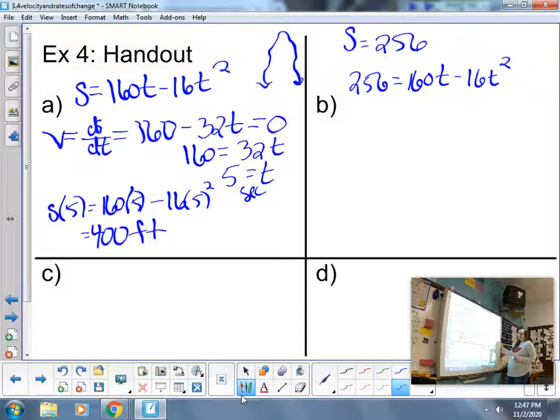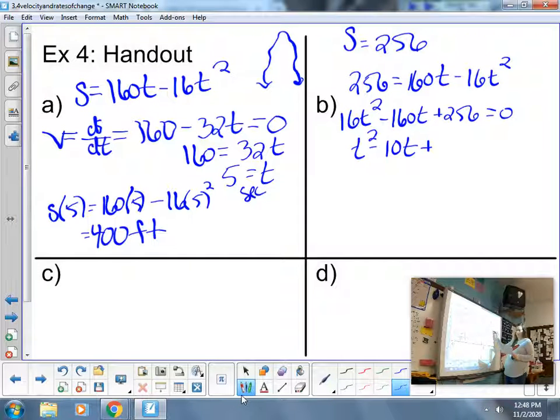I need to get everything on one side, so I'm going to move everything over to the left. So I have 16t squared minus 160t plus 256 equal to 0. We can actually divide all of these by 16, and then this is quite easy to factor.